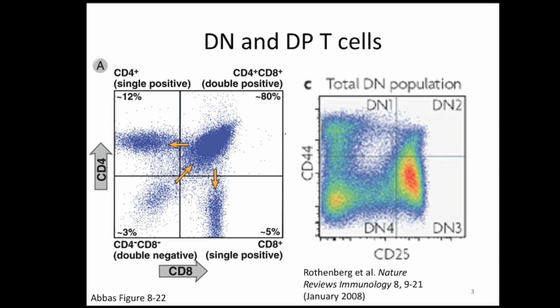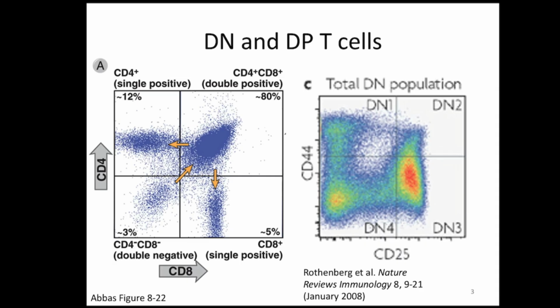When people did this work, they also found out that the cells in some of these groups are not a homogeneous group of cells. So you can further subdivide some of these cells. And in particular, we further subdivide the double negatives. So we don't just have double negative, double positive, single positive.